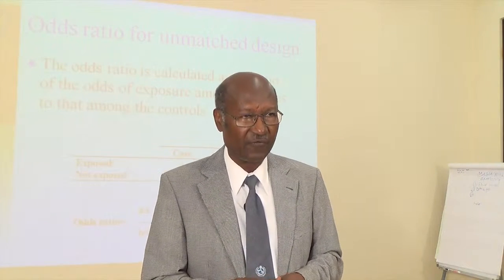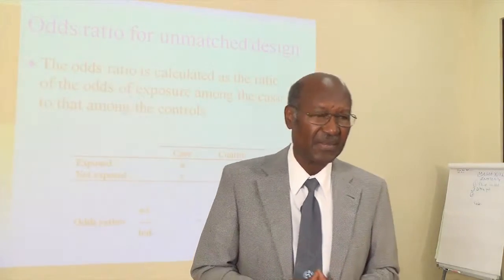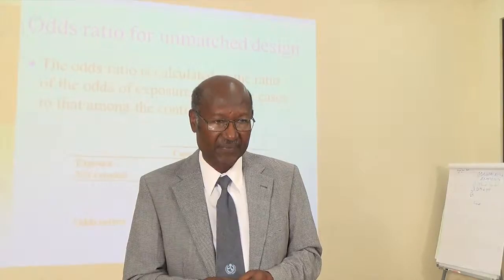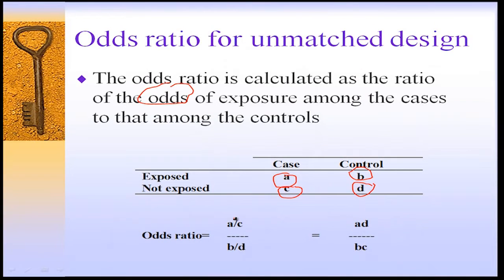The odds ratio, which is a measure that we are getting from case control studies, can be derived by dividing the odds of exposure among cases, which is A divided by C, by the odds of exposure among controls, which is B divided by D. And that can be simplified to get AD divided by BC.